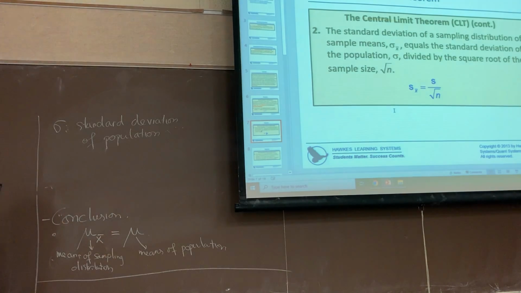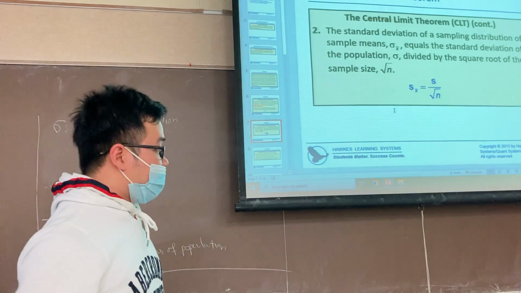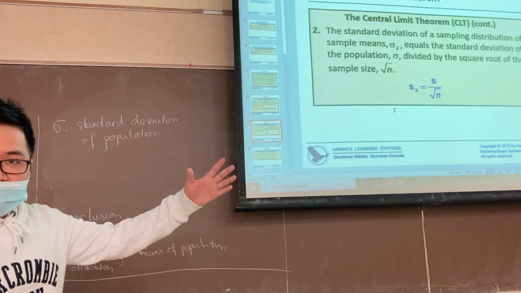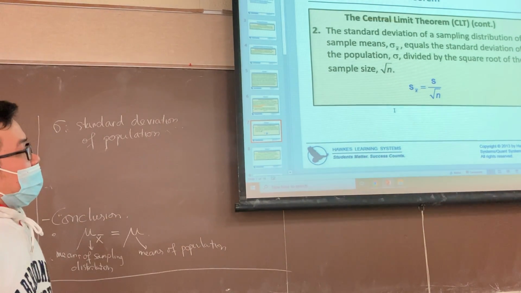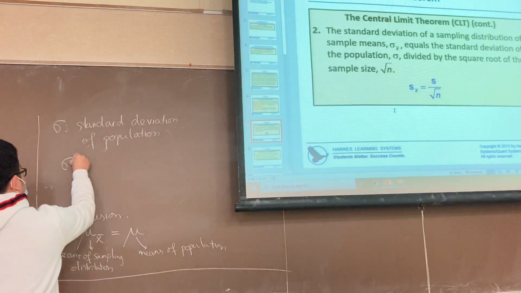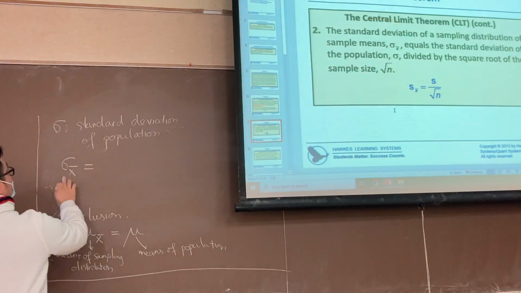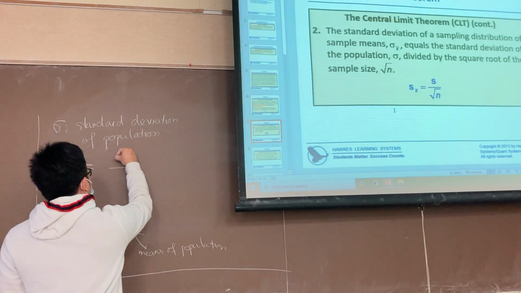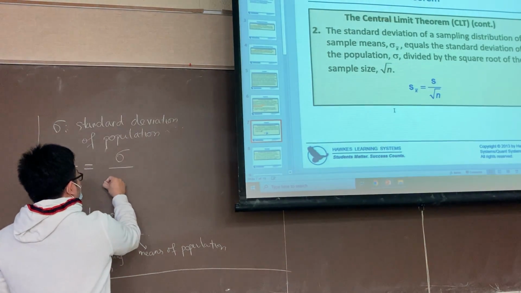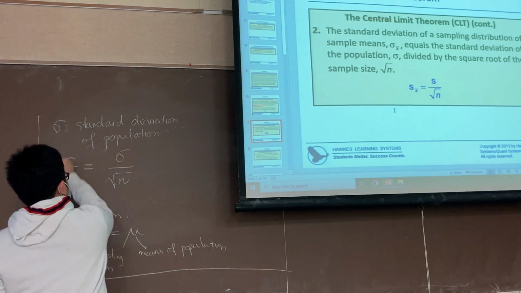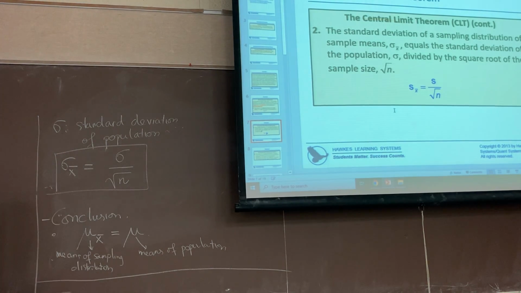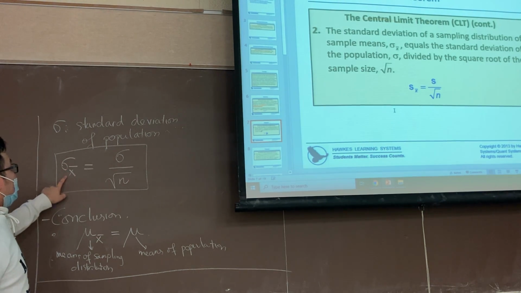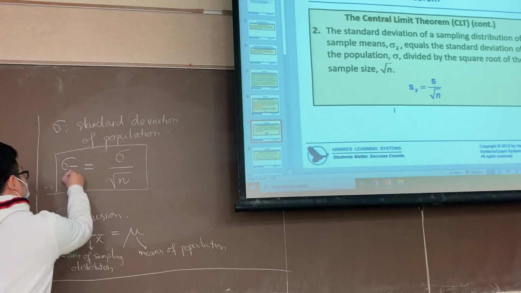If I have sigma as the standard deviation of the population, what about the standard deviation of the sampling distribution? It's not equal. In this case, the standard deviation of the sampling distribution will be equal to the standard deviation divided by the square root of n, sigma over square root of n. This is the formula, and this is the relationship between the standard deviation of the population and the standard deviation of the sampling distribution.